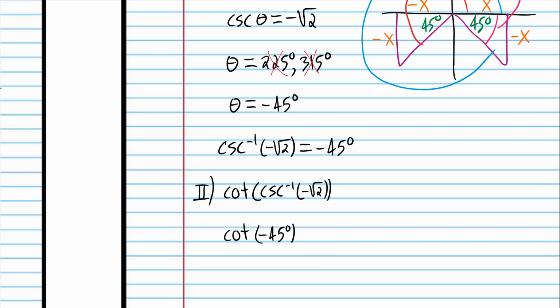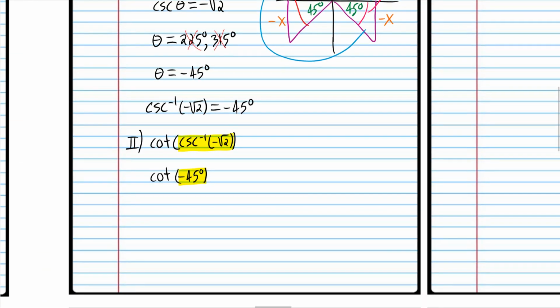So I found that that inner part is negative 45 degrees, and now we just have to draw a triangle. We're going to rotate down because it's negative 45 degrees. And I can use that same pink angle so we remember where we got that. And of course the angle is 45, so we have a 45, 45, 90 degree triangle.